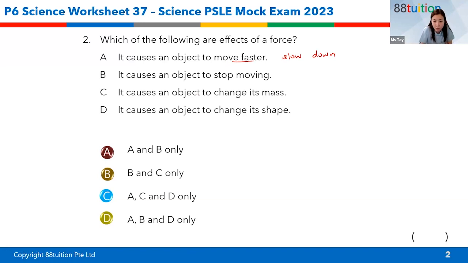It can cause something to stop moving as well? Yes, good. Cause an object to change its mass. Is that possible? That is not possible. Change its shape. Yes. What else? Somebody wrote this down. Stop moving, or start moving. Both possible.